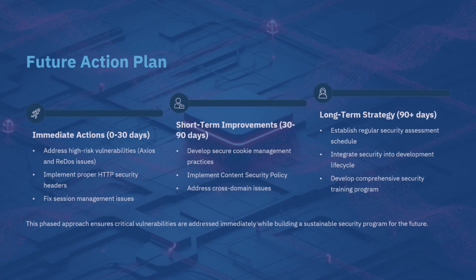The future action plan submitted to Take Care is organized into immediate actions, short-term improvements, and long-term strategies. This structure enables Take Care to promptly address critical high-risk vulnerabilities while providing a clear roadmap for achieving both near-term and long-term security goals.